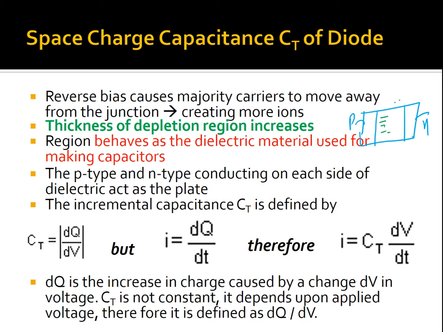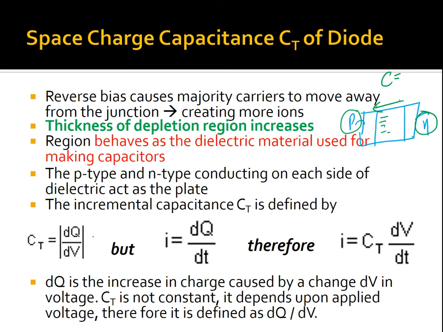Due to the ions we get an electric field here. This is the p type and this is the n type. When there is a difference of charges and an electric field, we get a capacitance, so this characteristic can be modeled using capacitance.